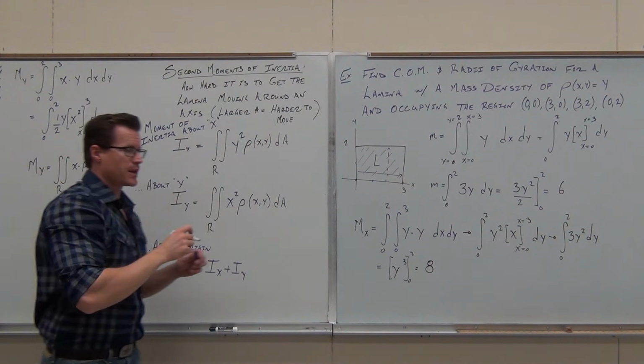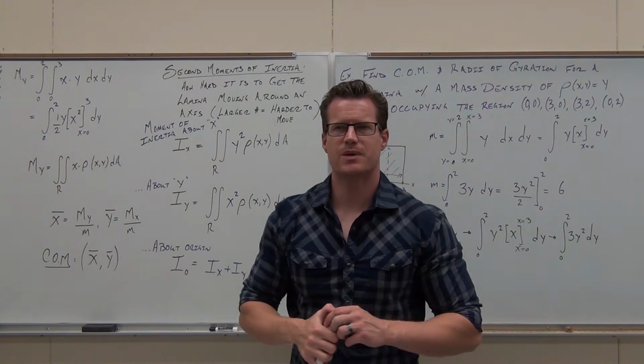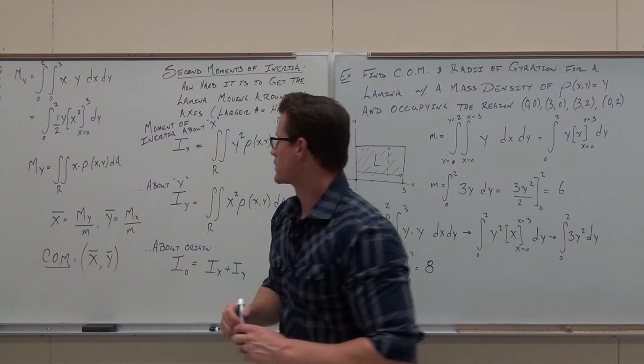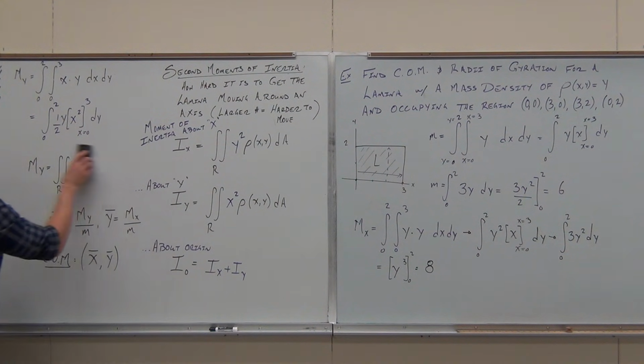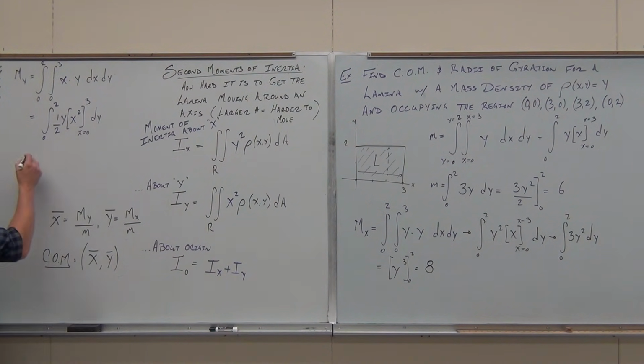So there we'll get that 1/2 x squared from 0 to 3. Did you guys make it that far at least? Perfect. Looks like we get what from that? 9/2?